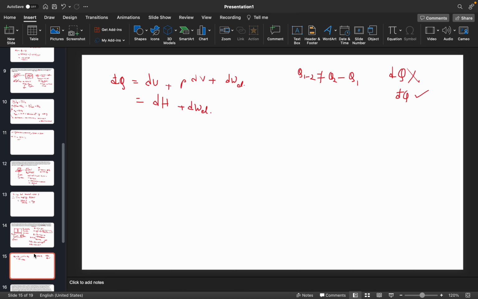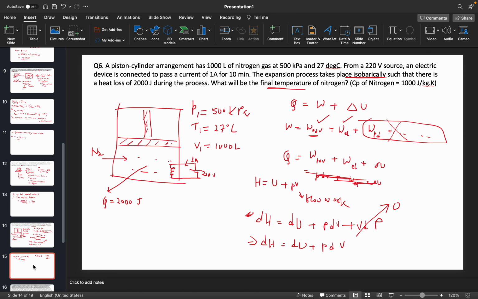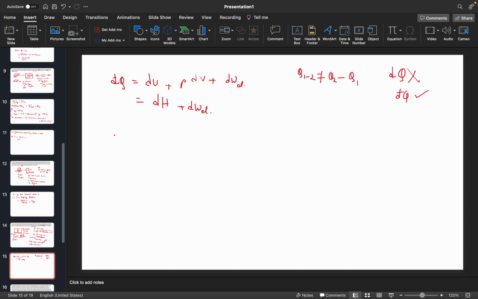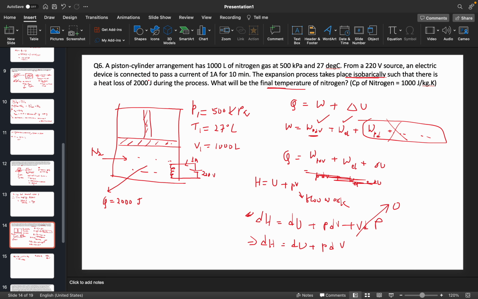Then what we should calculate is the final temperature. Nitrogen, if it is not mentioned in any part of the question, you can take whatever gas it is as an ideal gas.